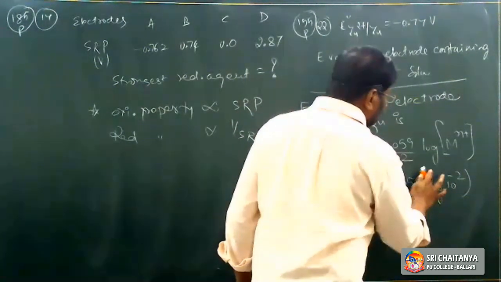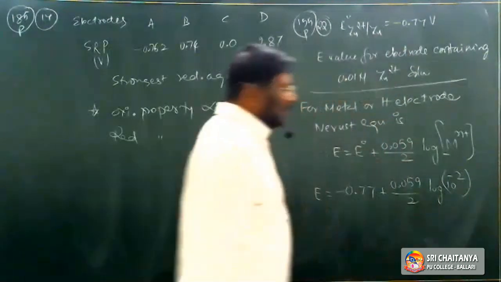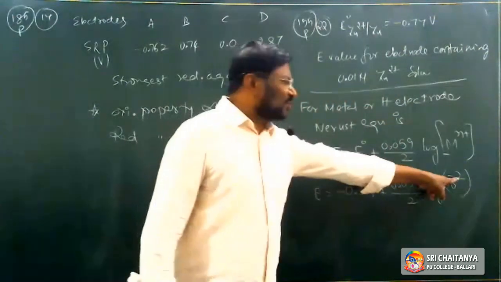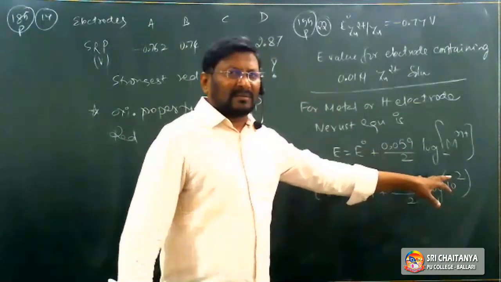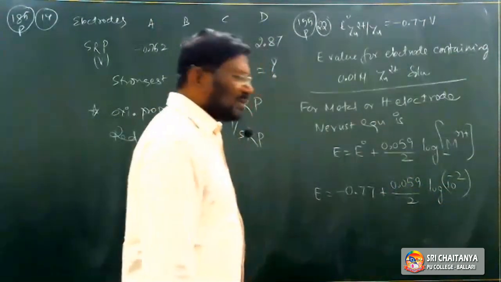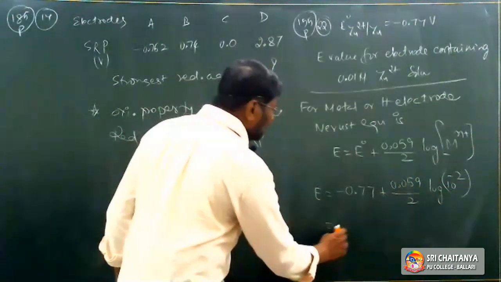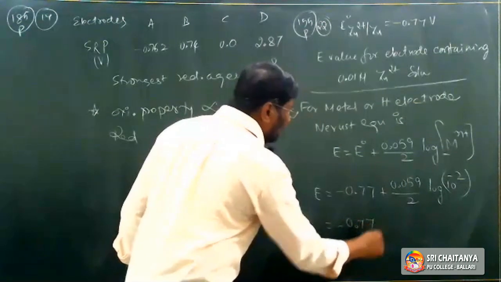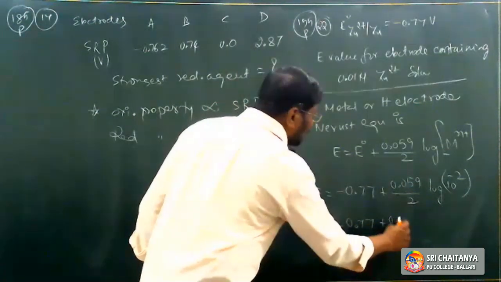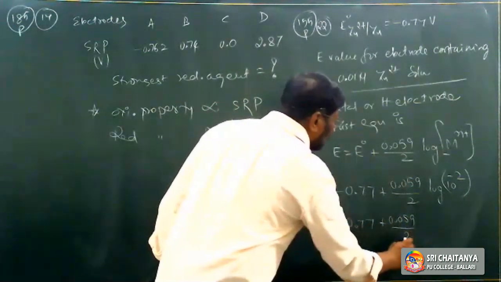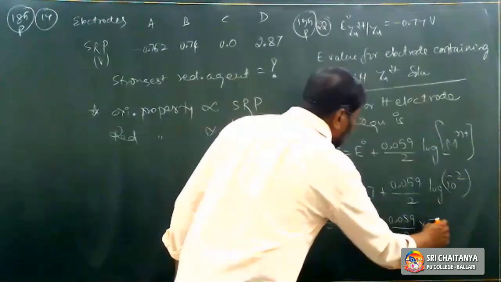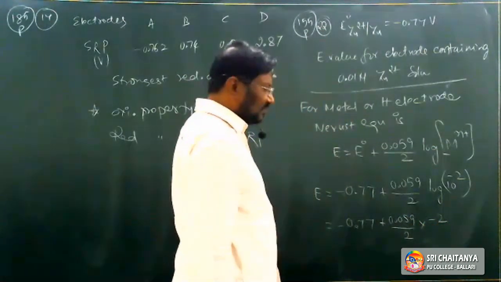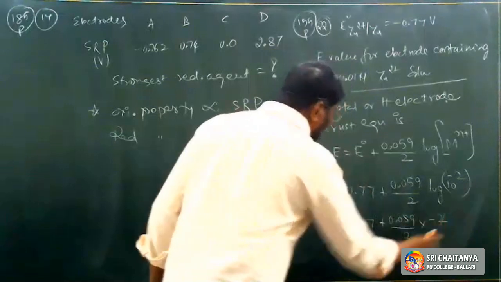Log 10 power minus 2 is minus 2. So it is minus 0.77 plus 0.059 by 2 into minus 2. The 2 gets cancelled.